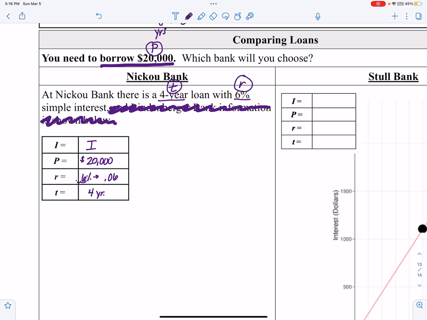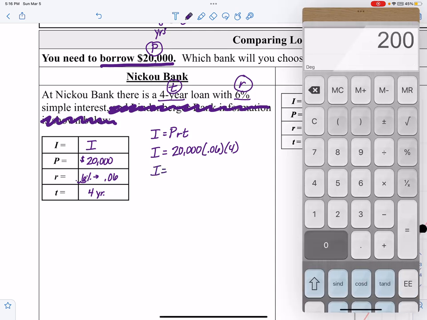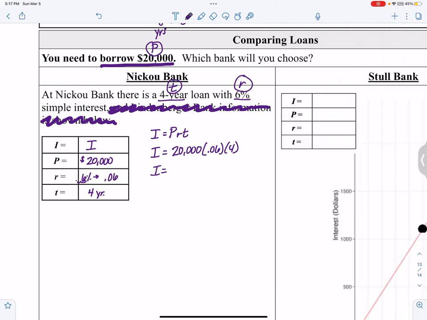Okay, set up your equation. I equals capital P R T and fill out what we know. And this is nice when we don't know the interest because everything is already isolated onto one side. So we're just filling everything out and typing it into a calculator. So we have $20,000 times 0.06 times 4 years, and we get $4,800.